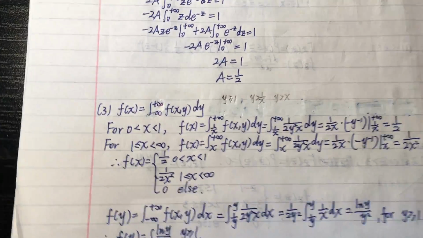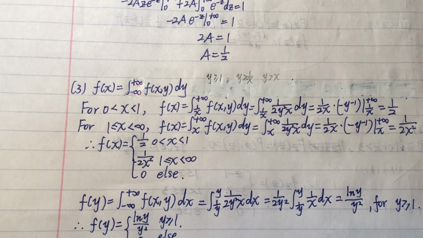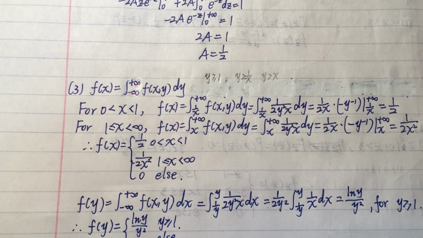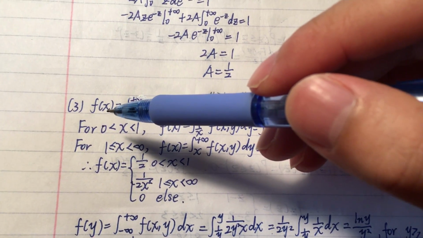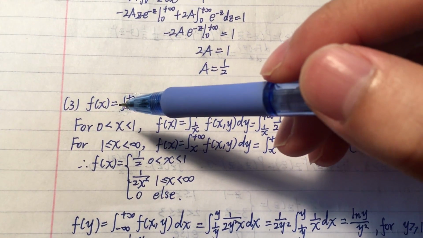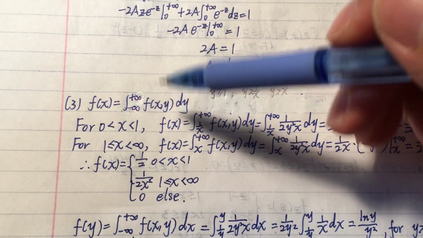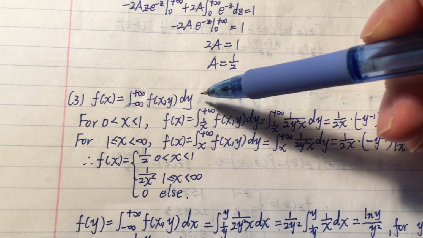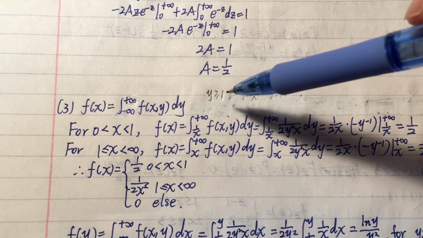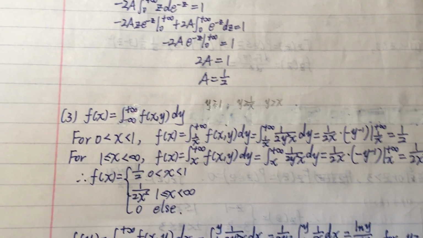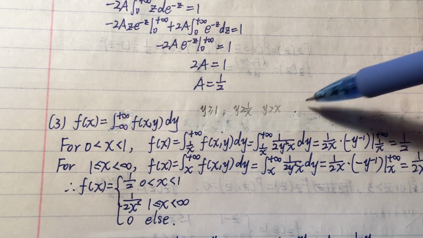And let's begin the third question. It is finding and drawing the marginal density functions. We can know that the density function of x equals to the integral of f(x,y), and we know that y is larger than or equal to 1, and y is larger than 1 over x, or y is larger than x.